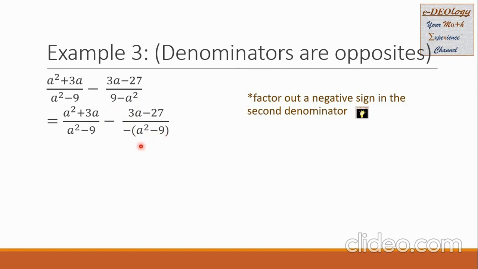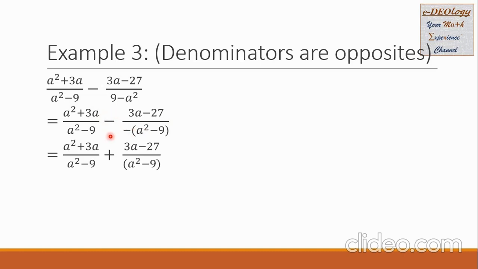So I'm sure that the factoring here is correct. And I also observe that the a squared minus 9 here is now the same as the denominator of the first rational expression. The next thing is, the negative sign here and the subtraction operation will affect the operation and it becomes positive.